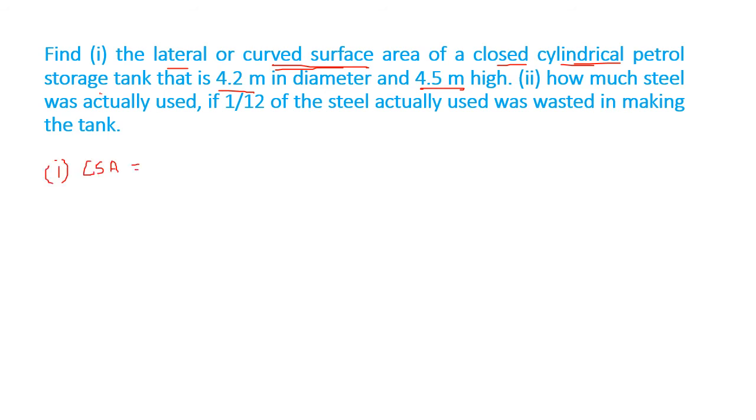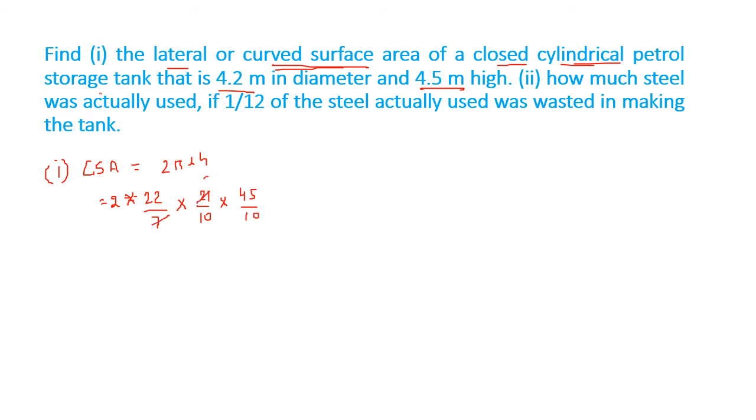Let us write down the formula. 2 pi R H is 2 into 22 upon 7 into R. The diameter is 4.2, so the radius is half of that, so 2.1 or 21 upon 10 into H. H is 45 upon 10.